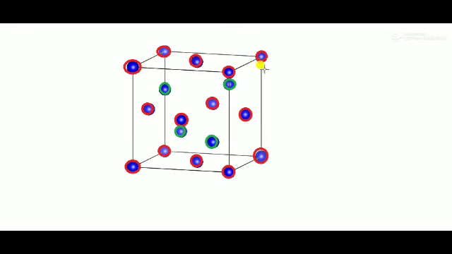So 8 corners, that is 1 by 8 multiplied by 8, then 6 divided by 2, is nothing but 3 plus 1, which is 4. That means these 4 atoms are partially shared, and the 1, 2, 3, 4 inside atoms are totally within this unit cell. So that means there are 8 tetrahedral geometries present in this structure. That is why these sites are called 8 tetrahedral sites.